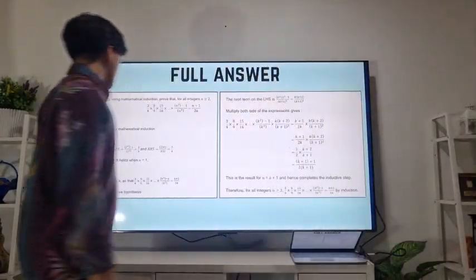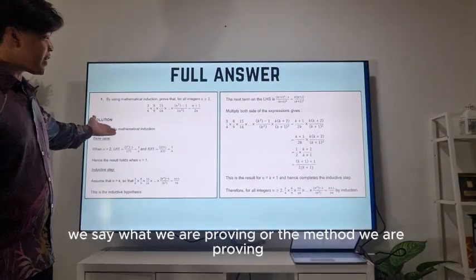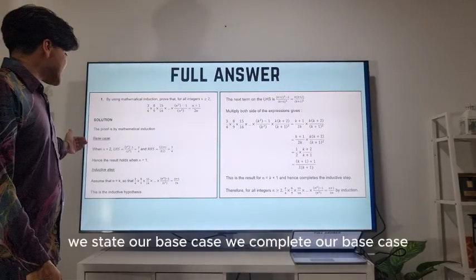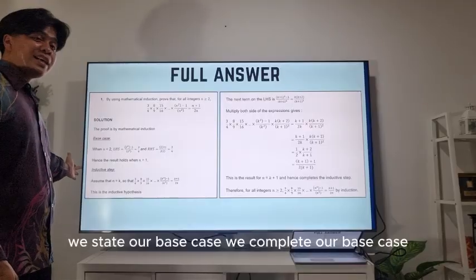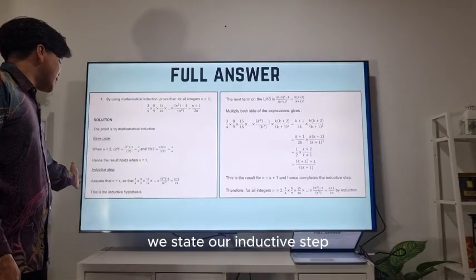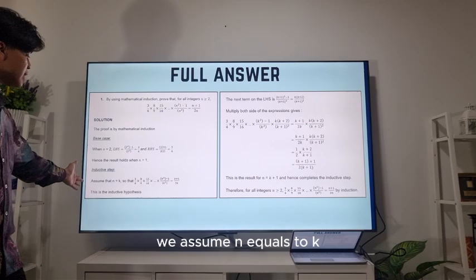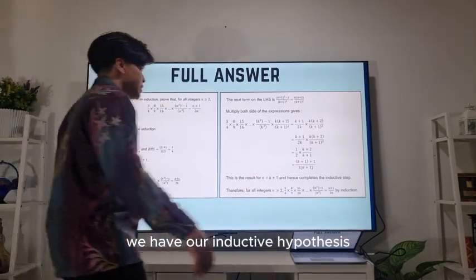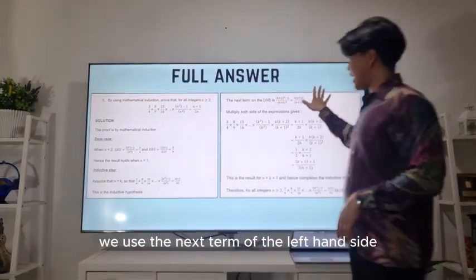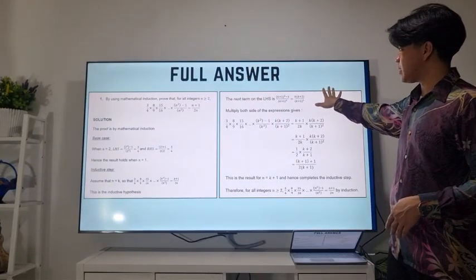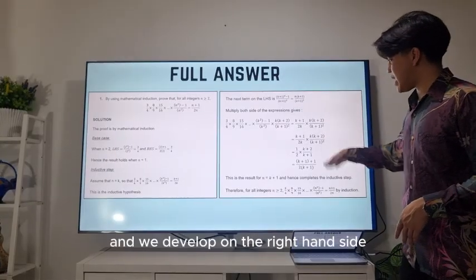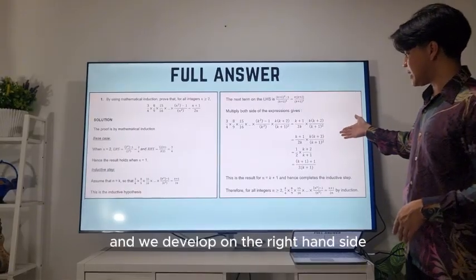Okay, so again, we say what we are proving, or the method we are using: proof by mathematical induction. We state our base case, we complete our base case, we state our inductive step, we assume n equals k, we have our inductive hypothesis, we use the next term of the left hand side, we multiply both sides of the expression, and we develop the right hand side.